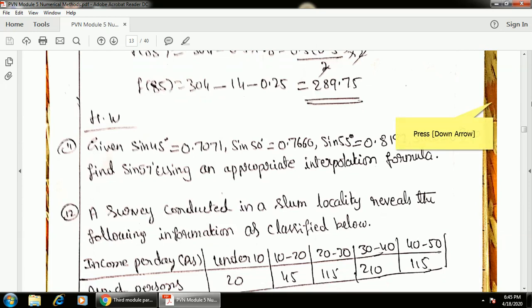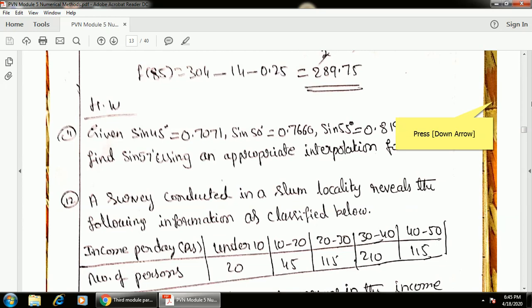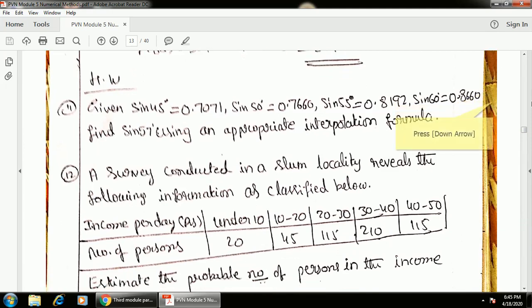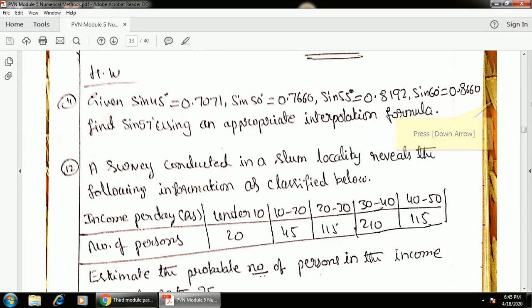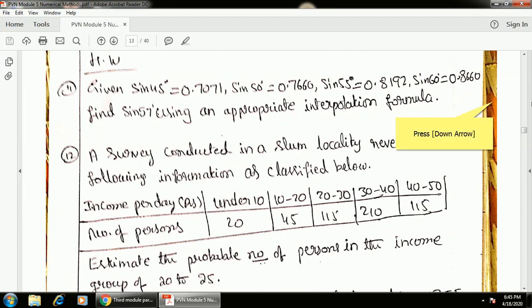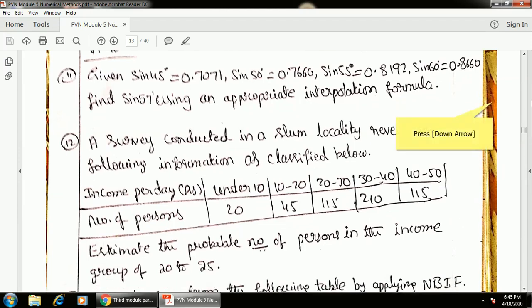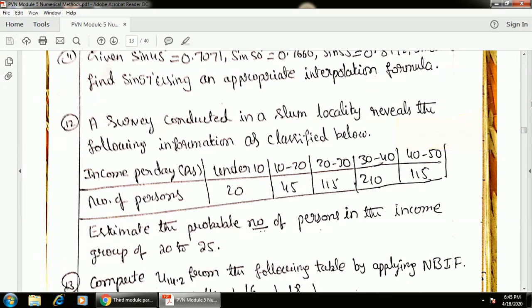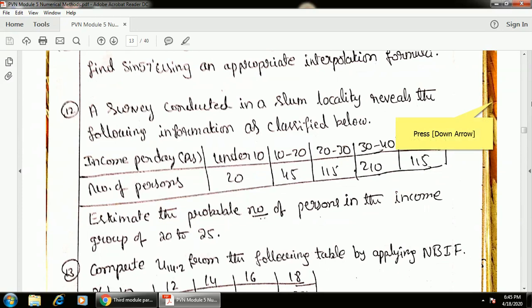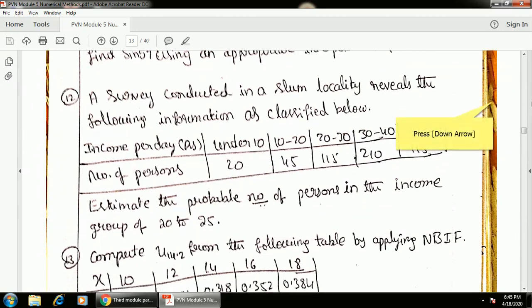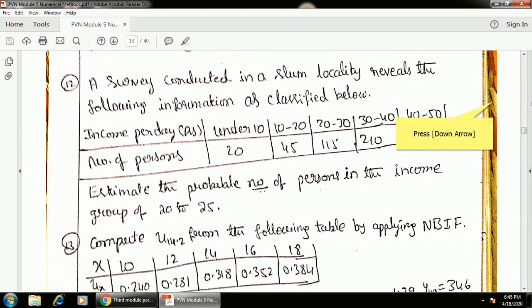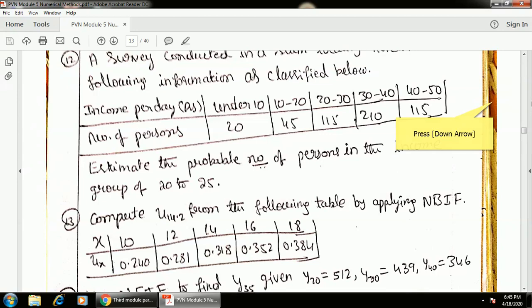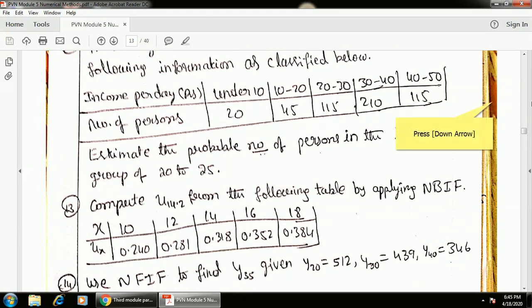Try to solve this problem also. So today itself you need to solve and learn all these problems.